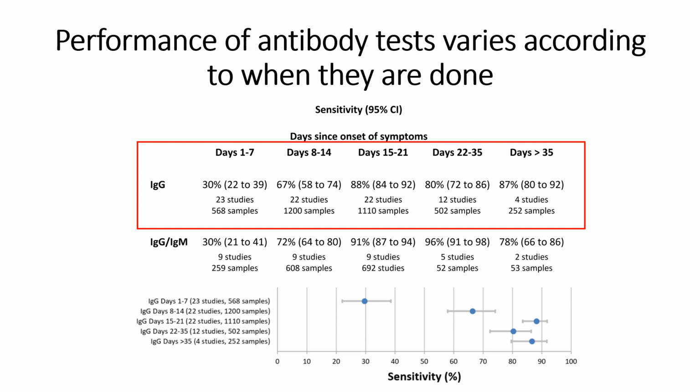But we've only got 30% sensitivity when tests are used very early on. Now, there was a lot of discussion initially that these tests weren't working very well. Lots of countries purchased these tests and discarded them. But it's not quite clear whether that was because they were using them at the wrong time, because initially we were hoping that antibody tests would be useful for diagnosis of current infection rather than just identification of past infection.